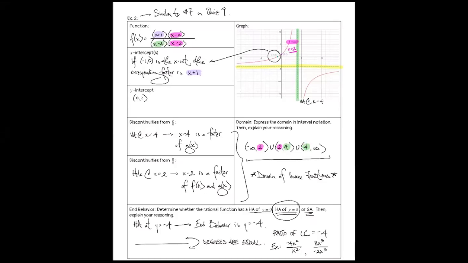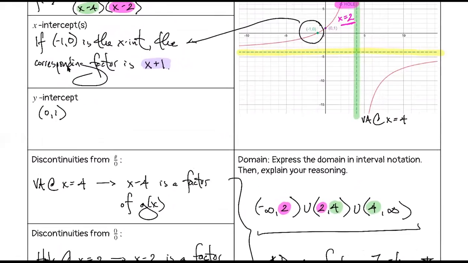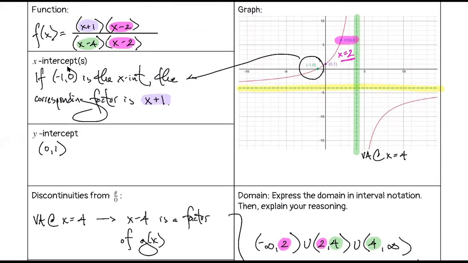So let's go back to the y-intercept for a moment, and let's just plug in 0 into the equation we have right now. So f of 0 equals (0 plus 1)(0 minus 2) over (0 minus 4)(0 minus 2). Right now we're getting -2 over 8.